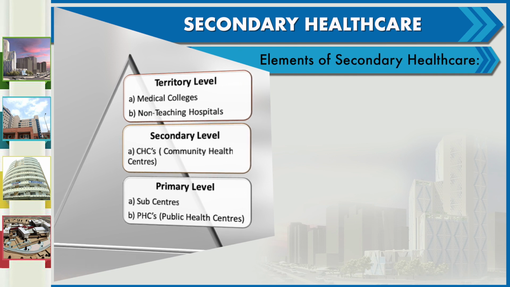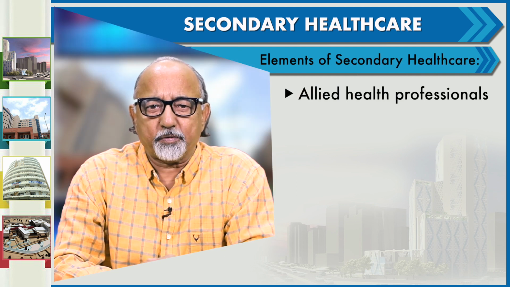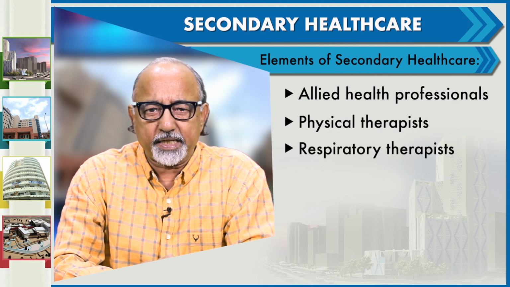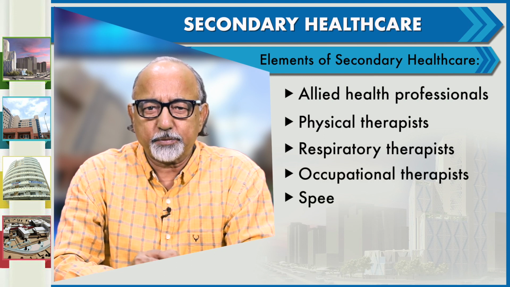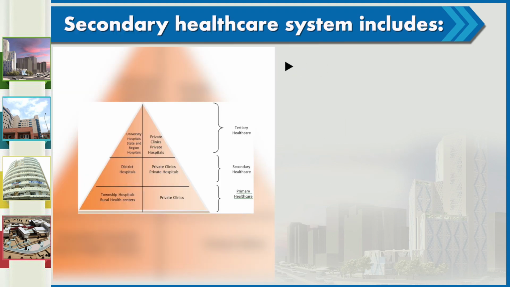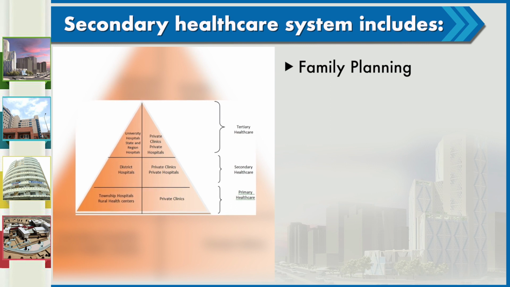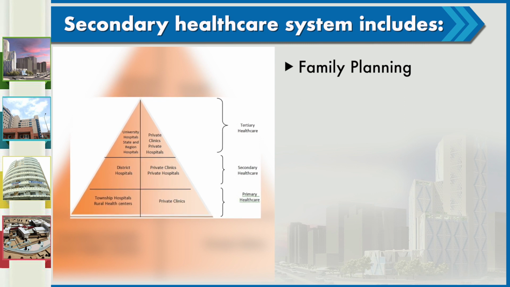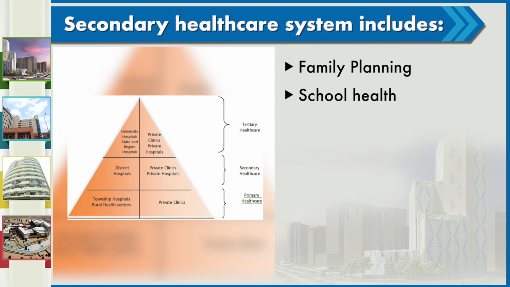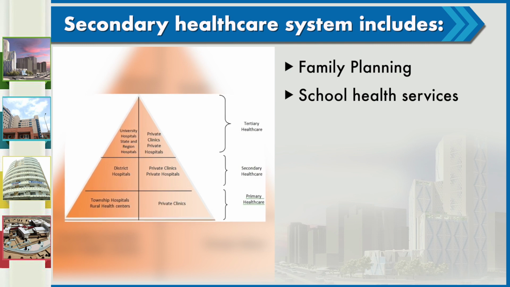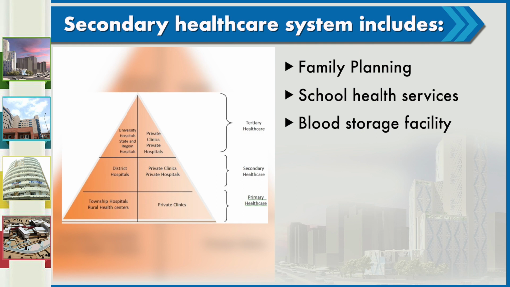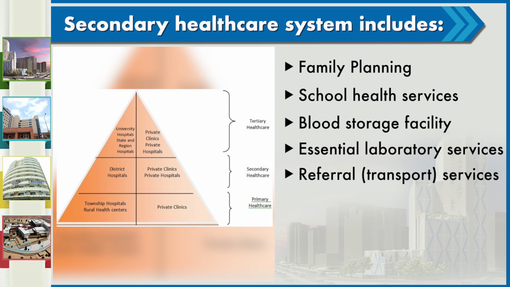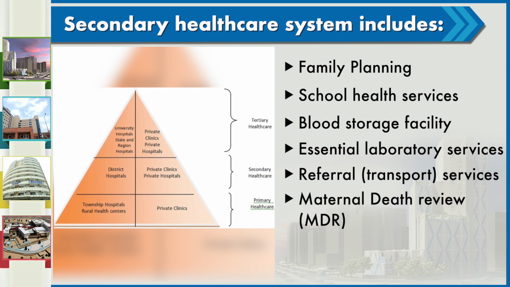Elements of secondary healthcare are allied health professionals, physicians and physical therapists, respiratory therapists, occupational therapists, speech therapists, and dietitians. We have family planning services wherein we provide contraceptives and other family welfare services. We have safe abortions, school health services, and we include safe storage of blood, essential laboratory services, referral transport services, and maternal death reviews at this level.